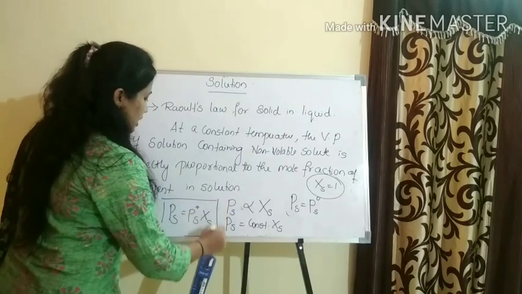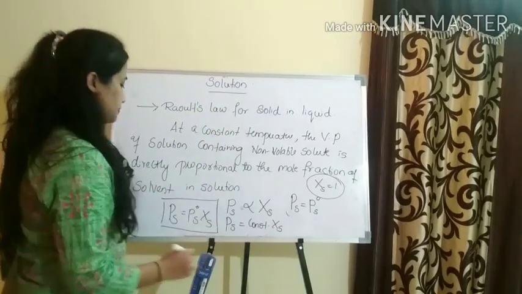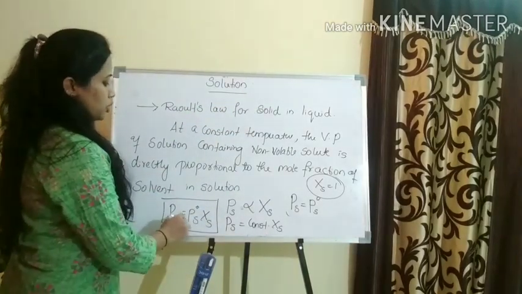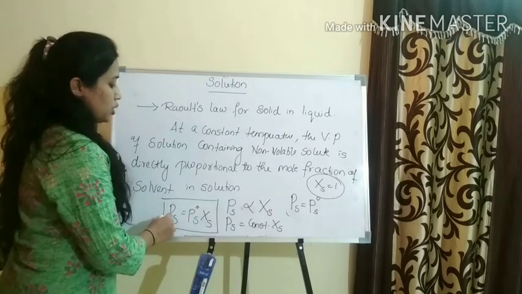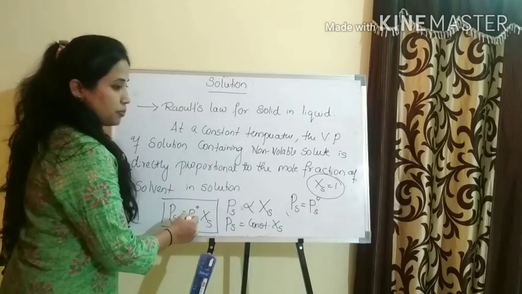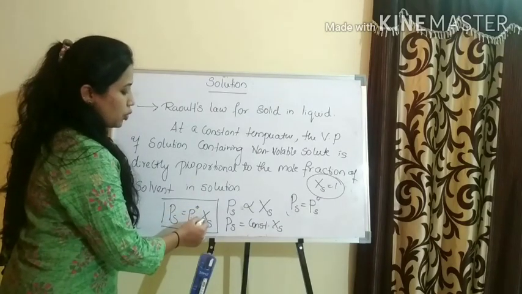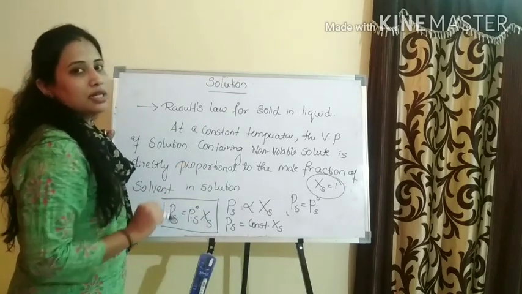This is the mathematical expression for Raoult's law for a solid in liquid. Ps, the vapor pressure of a solution, is equal to the product of the vapor pressure of the pure solvent and the mole fraction of the solvent in the given solution at a constant temperature.